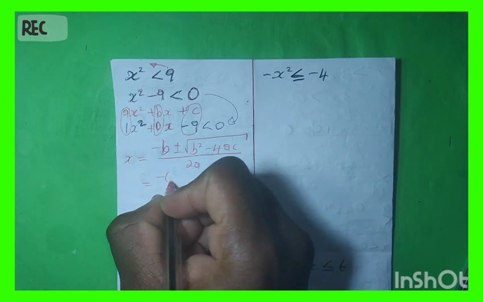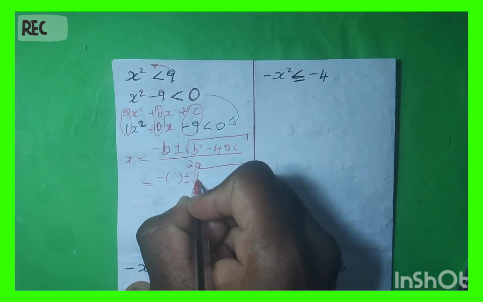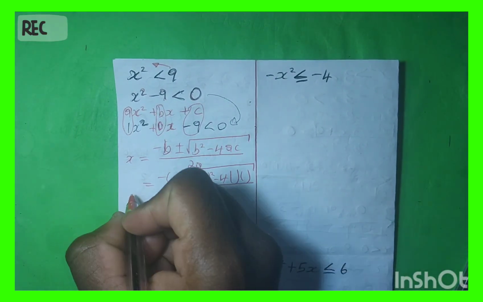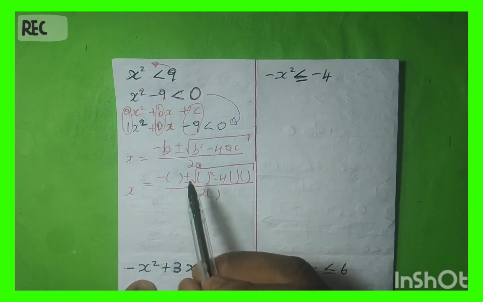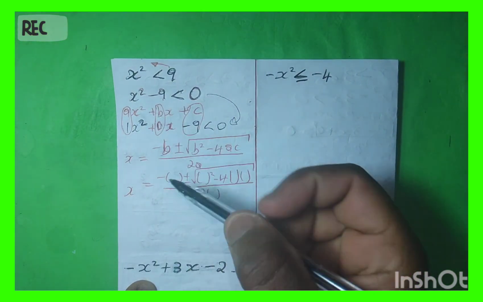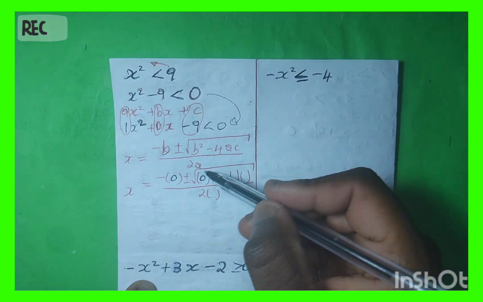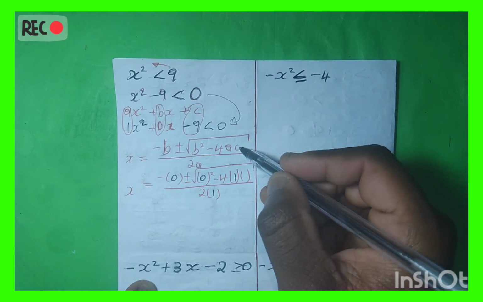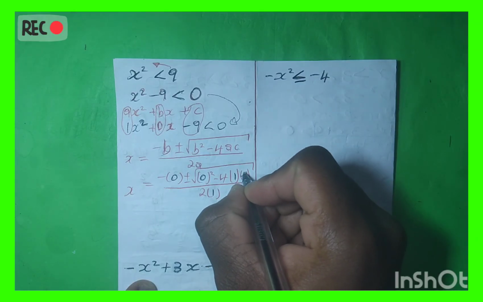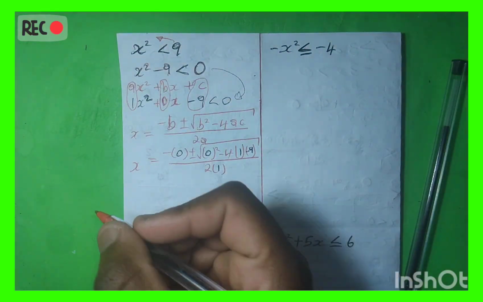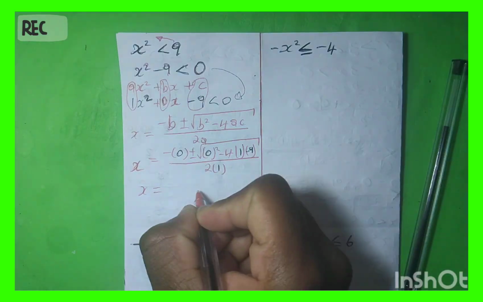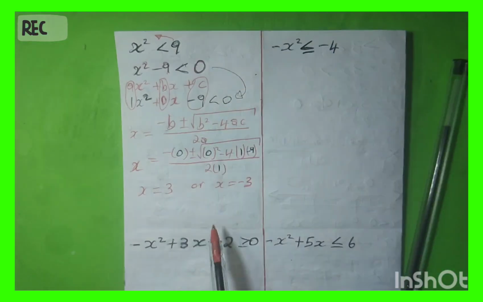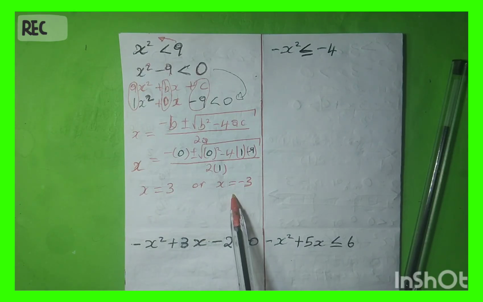Then I substitute. Here our B is 0, our A is 1, and here we have -9 as our C. Pressing this on a calculator, these are the answers I expect you to get: 3 and -3.